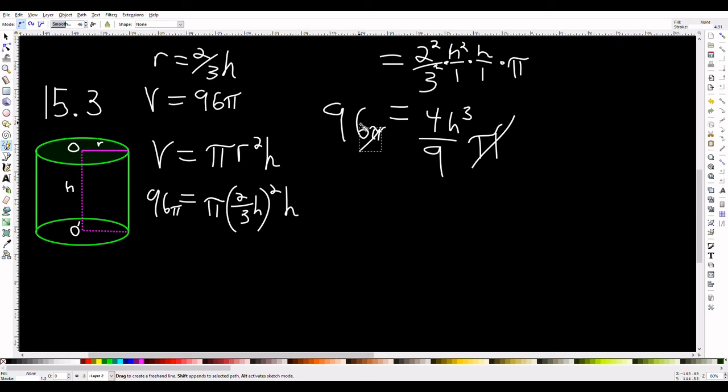We can get rid of our 9 by multiplying by 9. Ooh, what's that going to equal? Quick, to your calculators, friends. So we have 864 equals 4h cubed. And then we can get rid of our 4 by dividing by 4. We'll wind up with 216 equals h cubed.